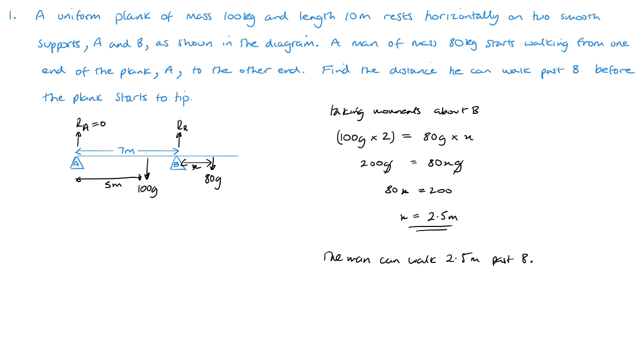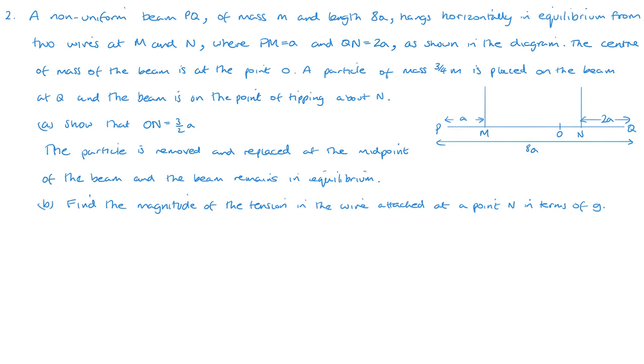Now let's look at question 2. So we've got a non-uniform beam PQ of mass M and length 8a, hangs horizontally in equilibrium from 2 wires M and N. So that will be the tension in M and the tension at N. And PM is a and QN is 2a as shown in the diagram.